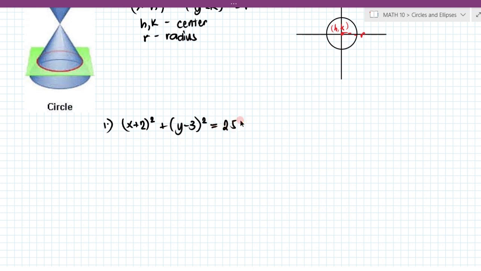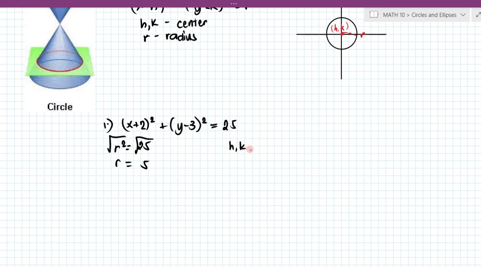So let's first identify our r squared, or radius, and then our center, h and k. Our r squared is 25, and to get r, square root both sides. r is equal to 5.